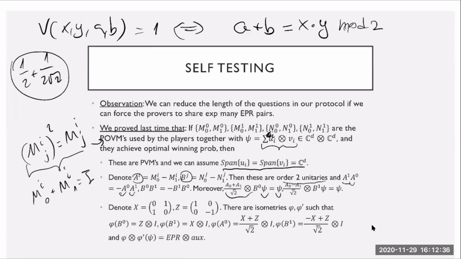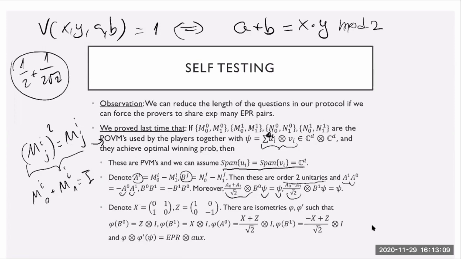And the same thing holds for A0 minus A1 divided by square root of 2 tensor B1. So these two matrices share an eigenvector. This eigenvector is exactly the psi that they use, and this is an eigenvector with eigenvalue 1. All of these conditions we showed last week, so I'm just going over them quite briefly.